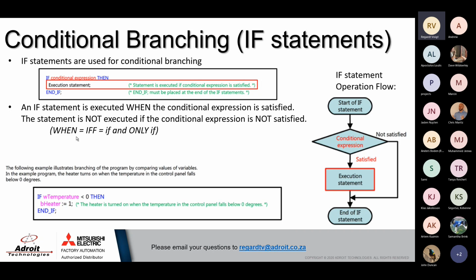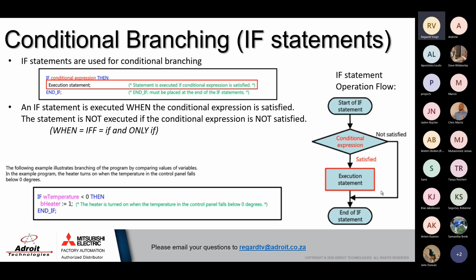If you look at the flow chart, you will not be able to reach your end of statement if your conditional expression is not met. So it needs to be satisfied. Otherwise it will be skipped.